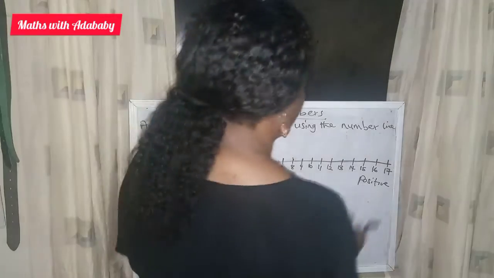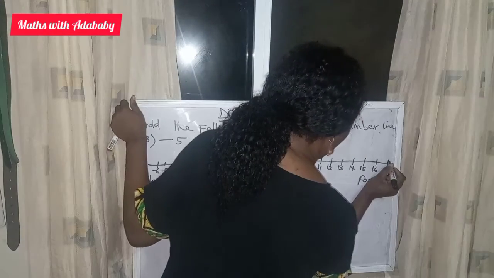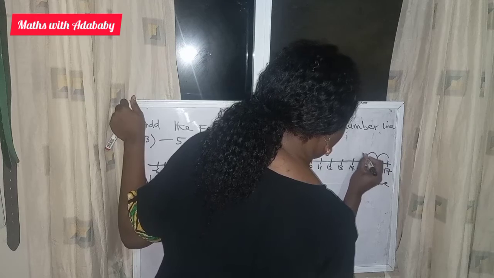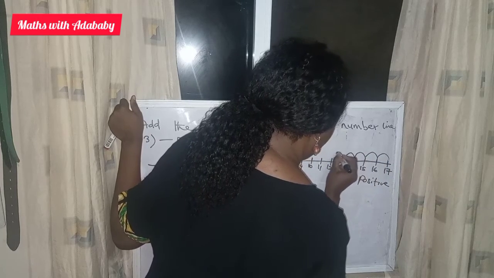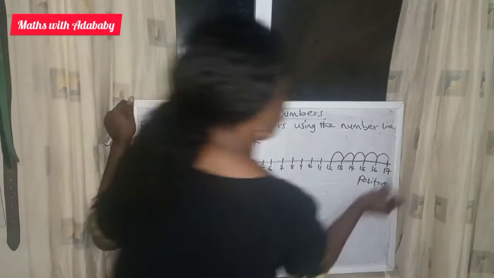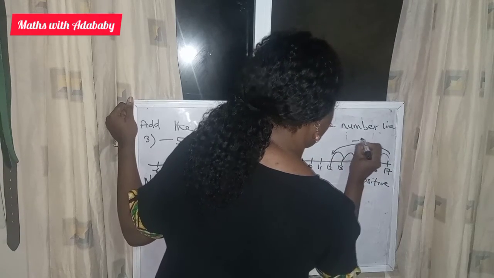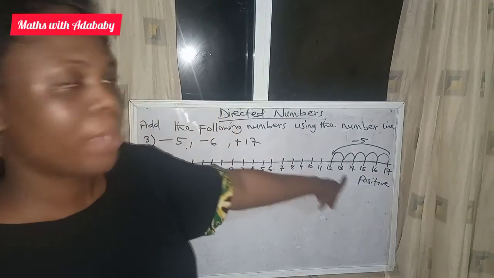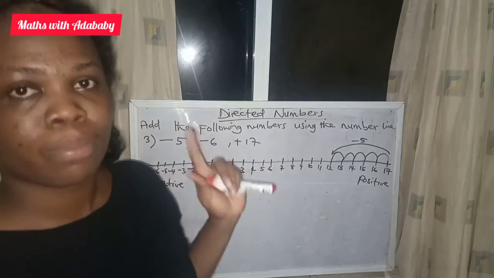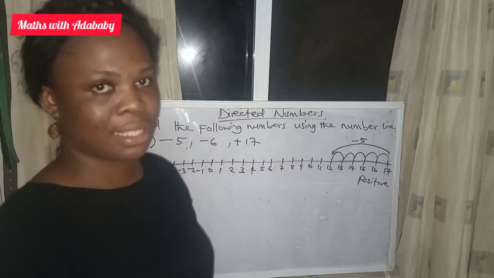So we are going to count from 17, which is 1, 2, 3, 4, 5. This is representing minus 5.